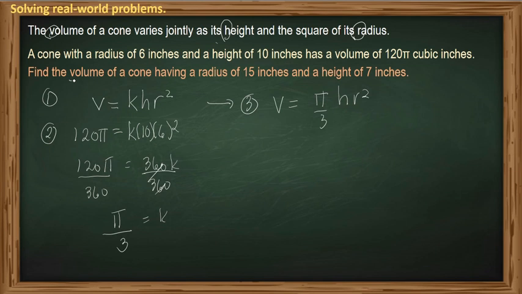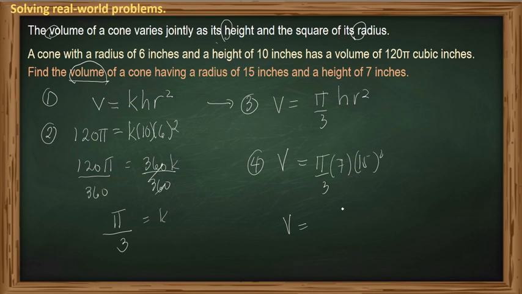Then find the volume. So we'll make use of this equation to solve for the unknown. Find the volume V of a cone having a radius of 15 inches. That's it. Then a height of 7 inches. Then we have pi thirds. Okay. So we have now the volume is equal to 15 squared.